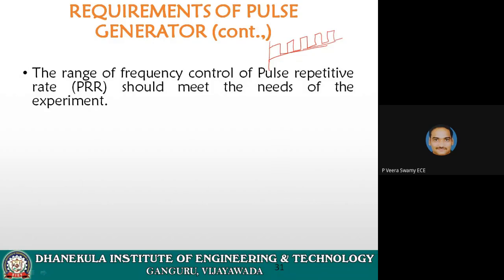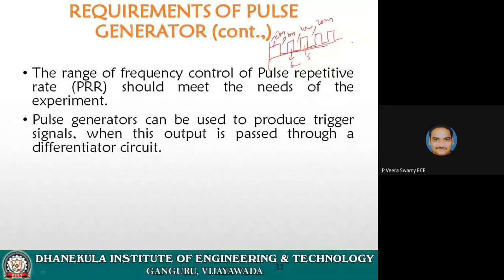For example, this is 50 milli and this is 20 milli and this is again 60 milli and this is 10 milli, this is 5 milli, this is 20 milli, like that. Each and every pulse has its own characteristics. That's why if it is completely repetitive, then it's a good range for the experimentation.